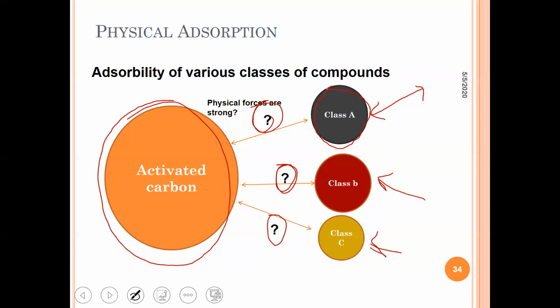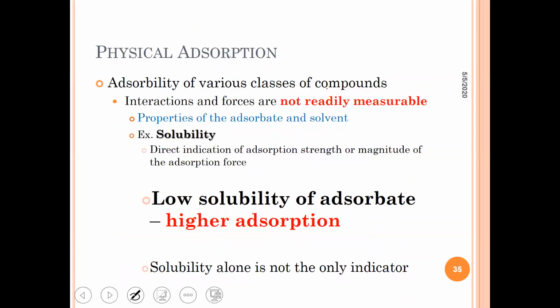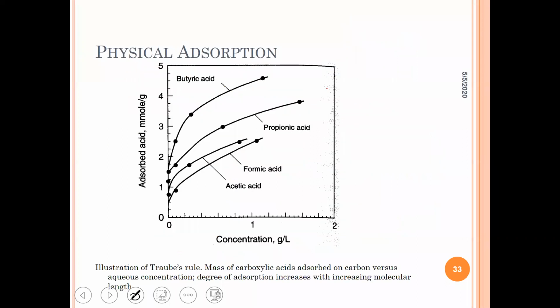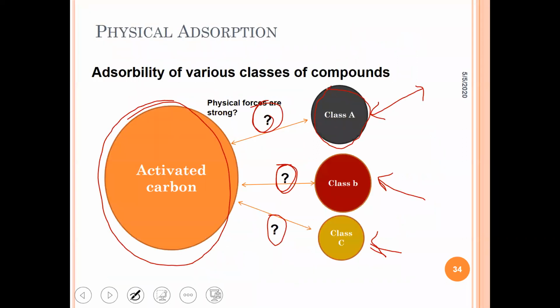We know one thing, that non-polar and large molecules tend to adsorb more strongly to a non-polar adsorbent. But how do we know which force is responsible and what type of chemical will be attracted, whether class 1 will be attracted to an adsorbent or class 2, or which one will be stronger?